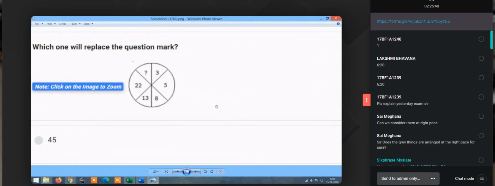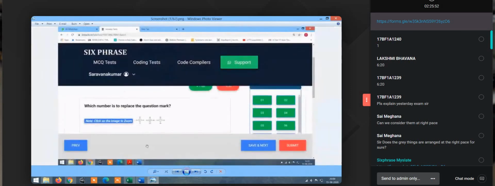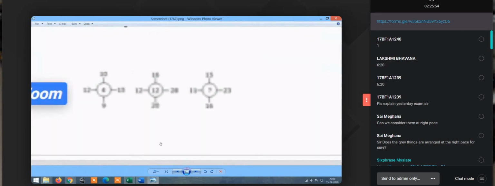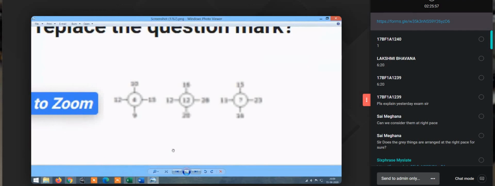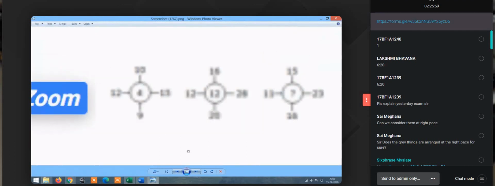Yeah, these are the questions that I know you feel like you cannot even see the questions. Maybe I'll try to make sense of this. What you have on the top is 20. What you have on the bottom is 9. What you have on the left is 12. What you have on the right is 13.